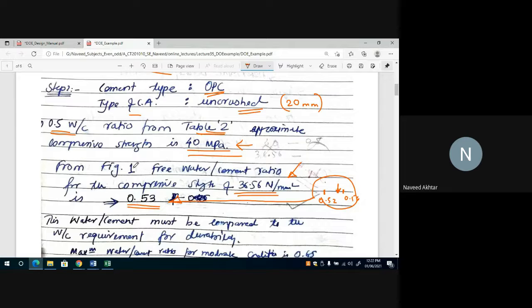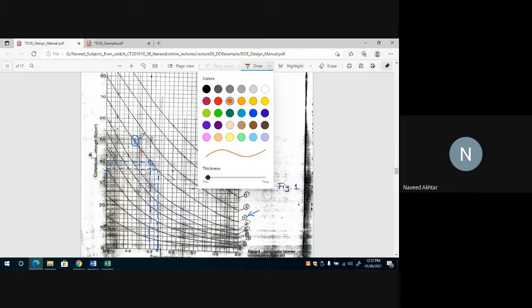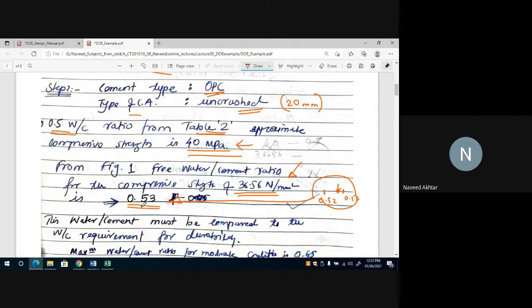So from the graph figure 1, we have chosen which graph we have to use. So here we have got graph number 7 to be used in our case, and then we drew the dotted line from the point 0.5 and compressive strength of 40 from table number 2. So we have chosen this graph. Then for our target strength of 36.53, we draw the dotted line, and we come to know that our free water to cement ratio in our case is nothing but 0.53.